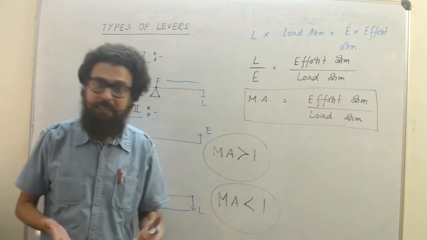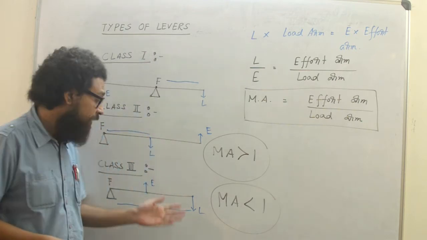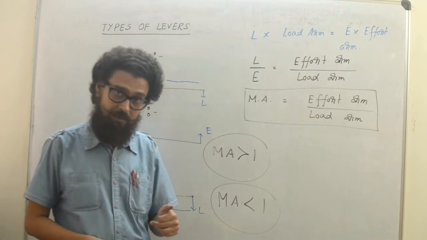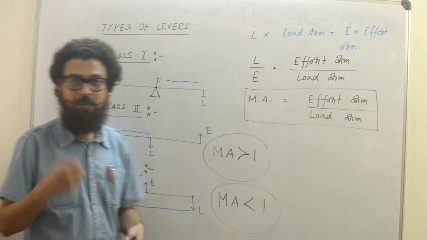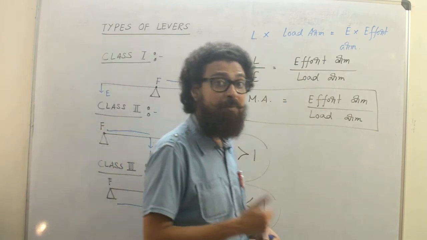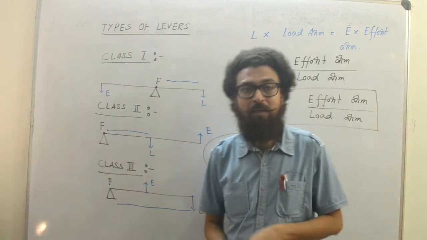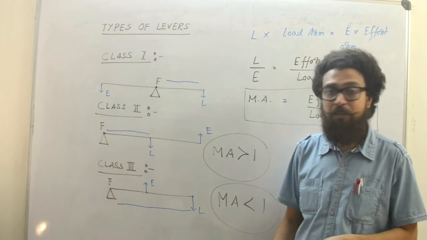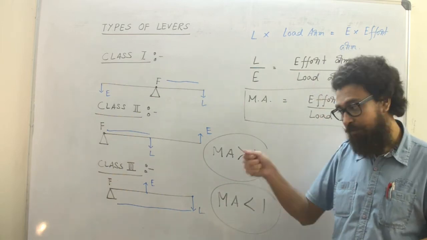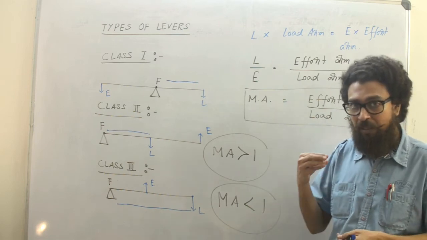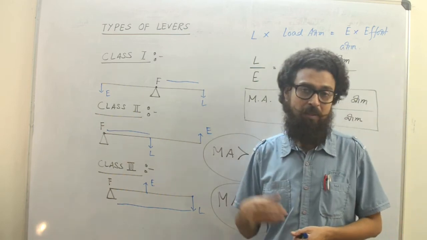Alright, so these are the common examples. There is another example for class 3, which is knives, any knife, I mean in the kitchen or soldier's knife or whatever. But what happens, since we have a longer load arm, we can keep ourselves away from the things to cut, so that it doesn't hamper us.